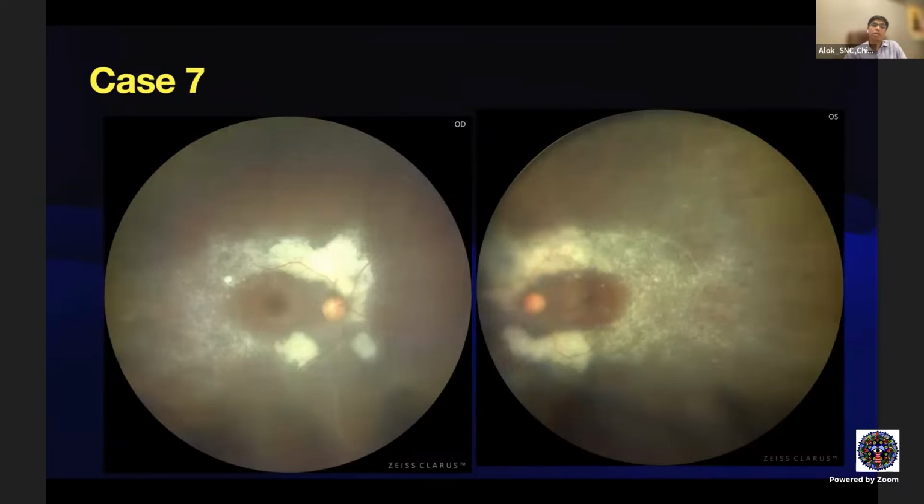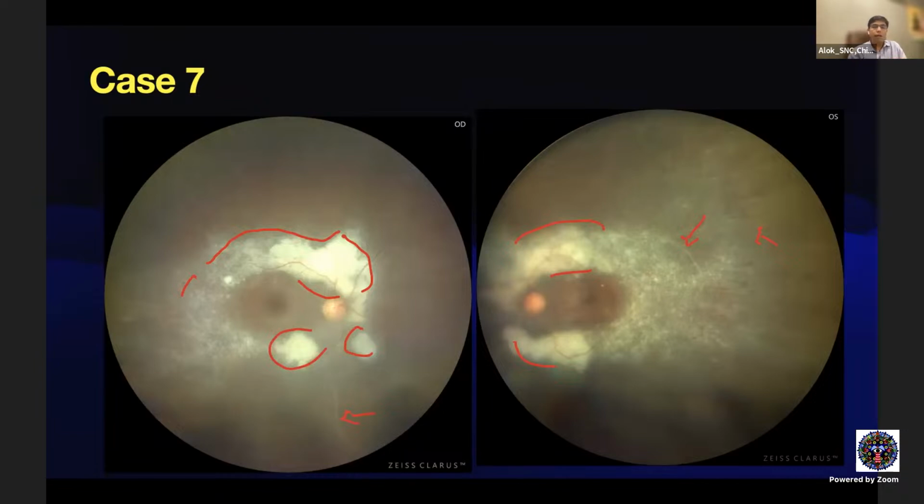There were yellow clumps of deposits, which were more predominantly seen in the posterior pole along the arcades, more in the left eye as compared to the right eye. In the periphery, there were nummular pigmentary lesions and sclerosed vessels. You can see the sclerosis of vessels over here also.